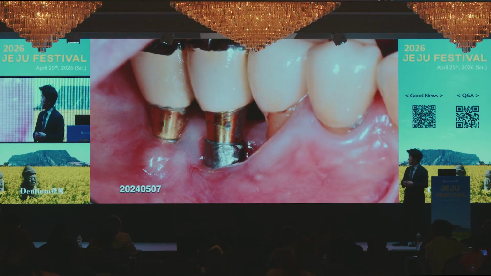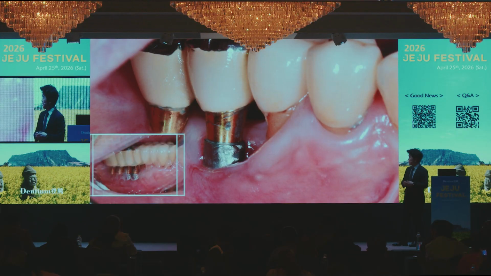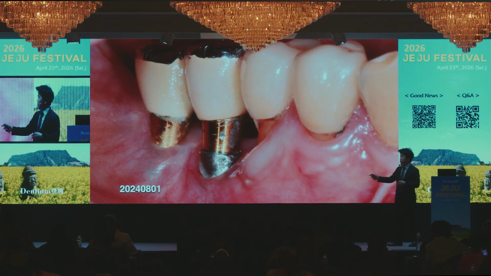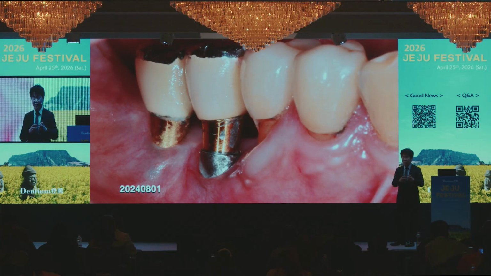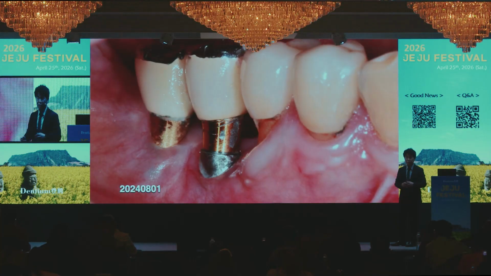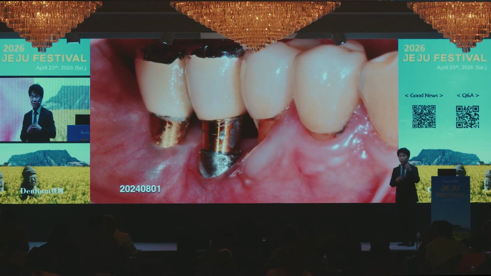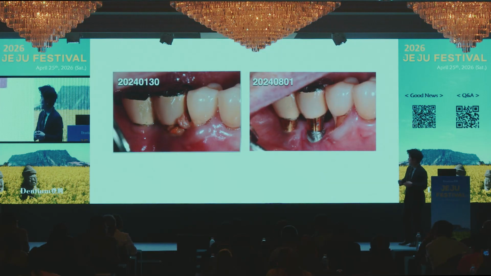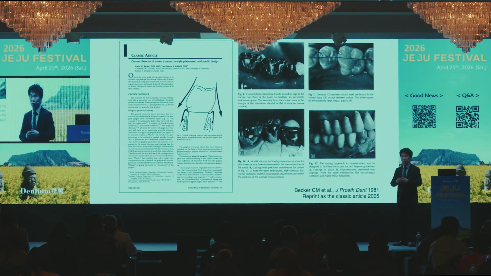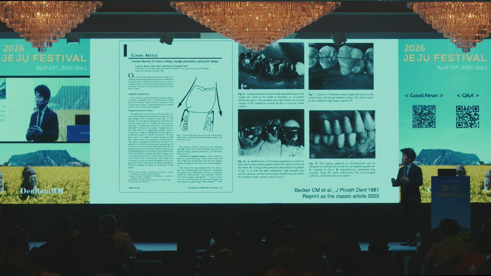But finally, the healing was good. Although the KT band is narrow, with the presence of vestibule and the presence of embrasure, she was happy to use a toothbrush. Also, this is the classic article about positive architecture.